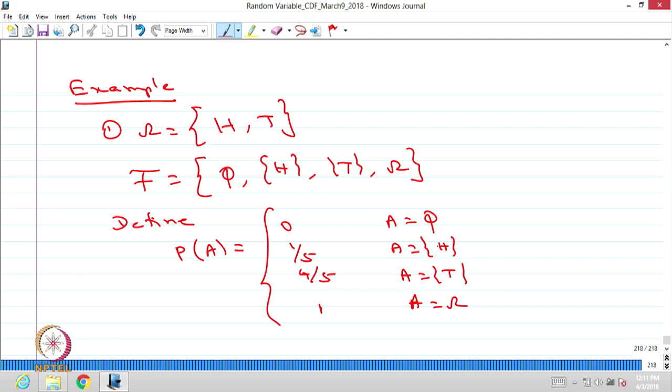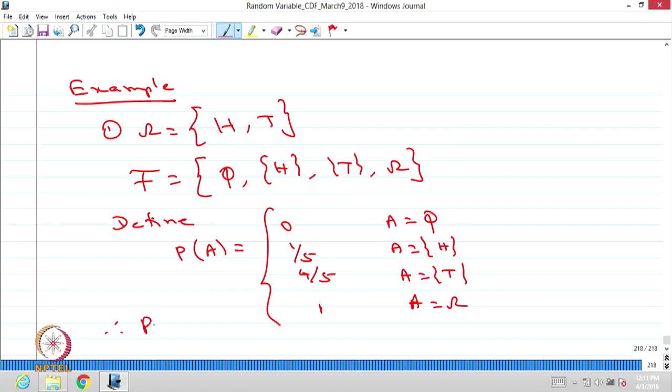Not only this, if I take any two elements and make a union, P of the union is the same as the sum of P of A's. For any 2 or 3 or any collection of mutually exclusive events, it is satisfied. So since it satisfies all the three conditions, P is a probability.